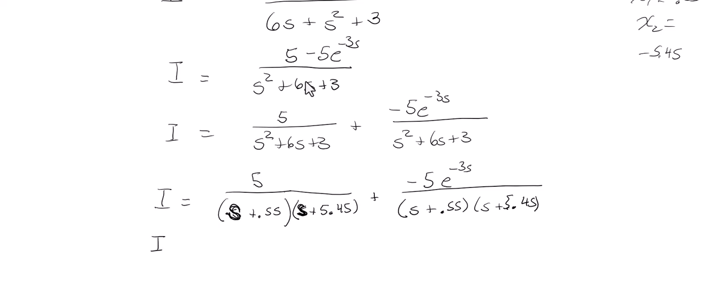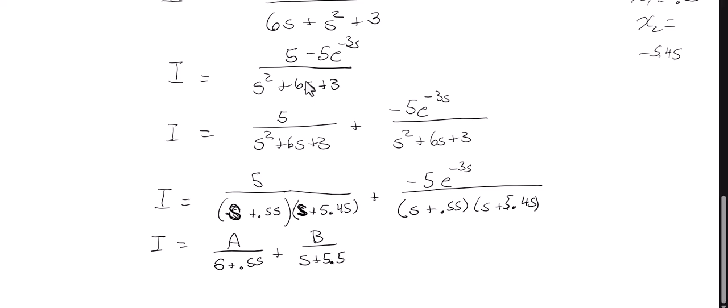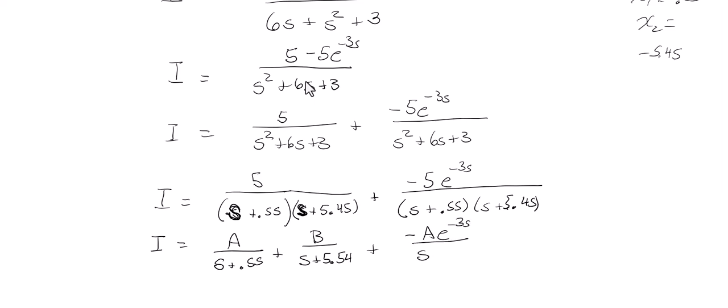Then you would theoretically do partial fractions. So this is equal to a over s plus 0.55 plus b over s plus 5.45. Notice this is the same, it just has an e in it. So it'd actually be minus a e to the minus 3s over s plus 0.55 plus minus b over s plus 5.45.